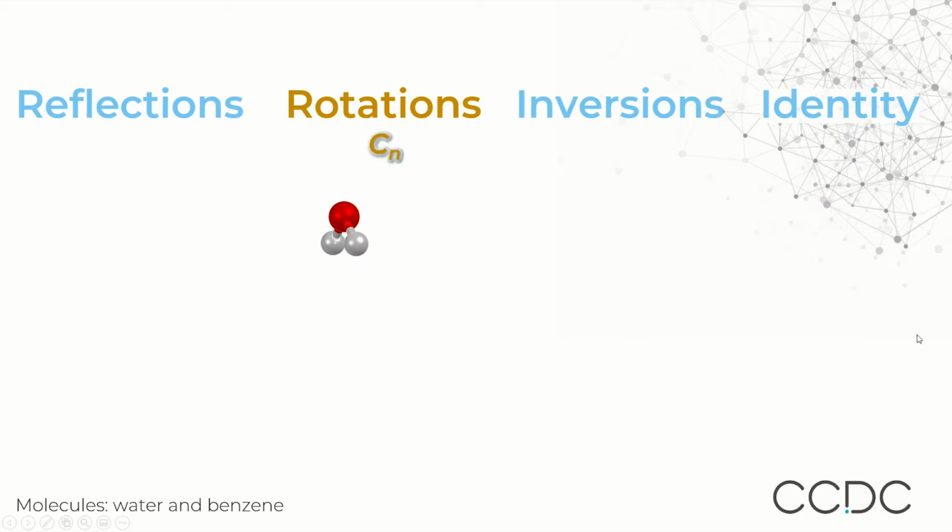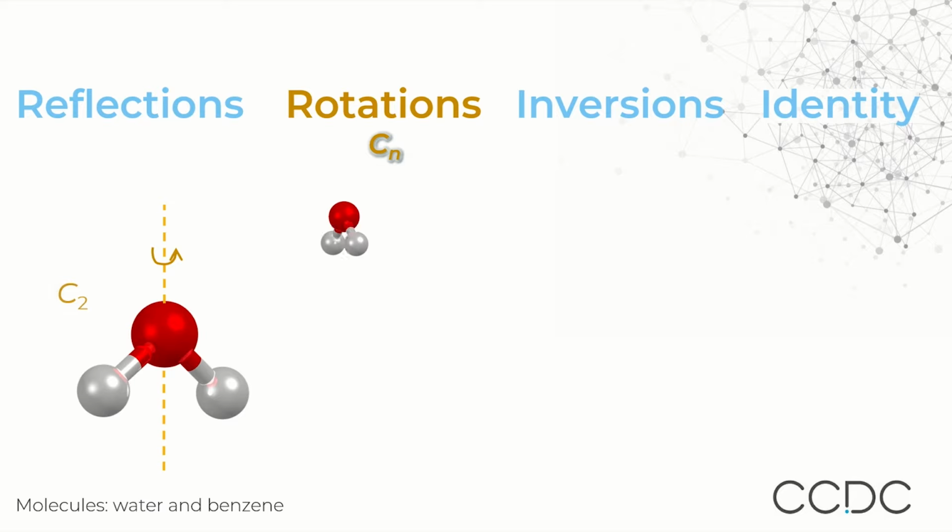The next operation we will discuss is rotation, which takes place around an axis. Rotations can be described as n-fold, where n is a number. More specifically, the number of rotations we can fit in 360 degrees. As an example, if the molecule can be rotated by 180 degrees and look the same, we call it a two-fold rotation because we can fit 2 rotations in 360 degrees.